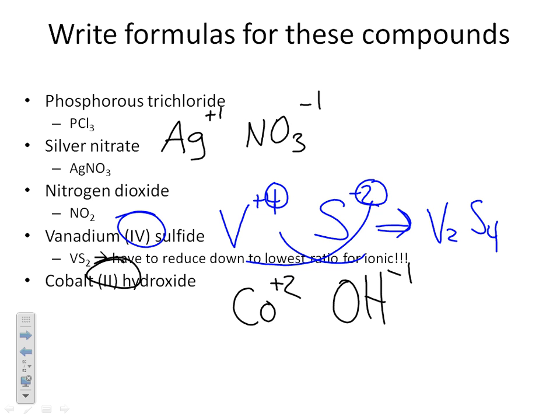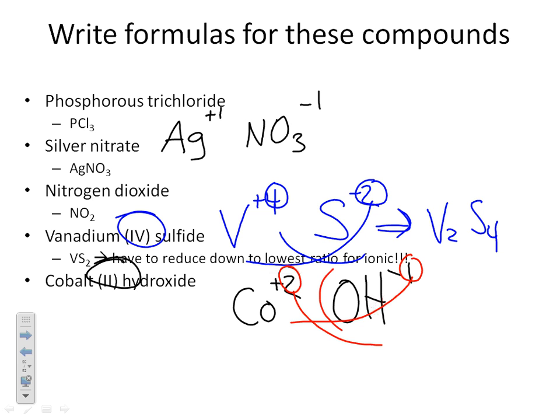So we have to combine these things so that the overall charge is 0. The cobalt is +2, the hydroxide is -1. So we are going to do the crisscross and reduce. Notice we don't actually use the positive or negative, we just use the number. Now, here's the case where we have a 2 for the hydroxide.